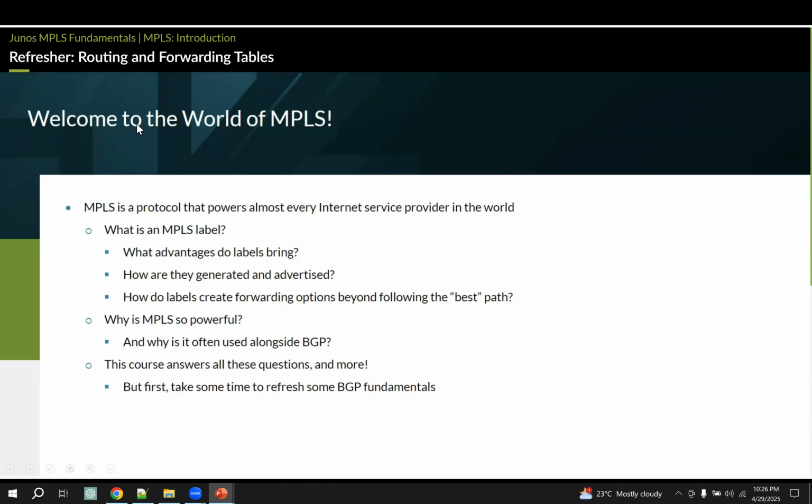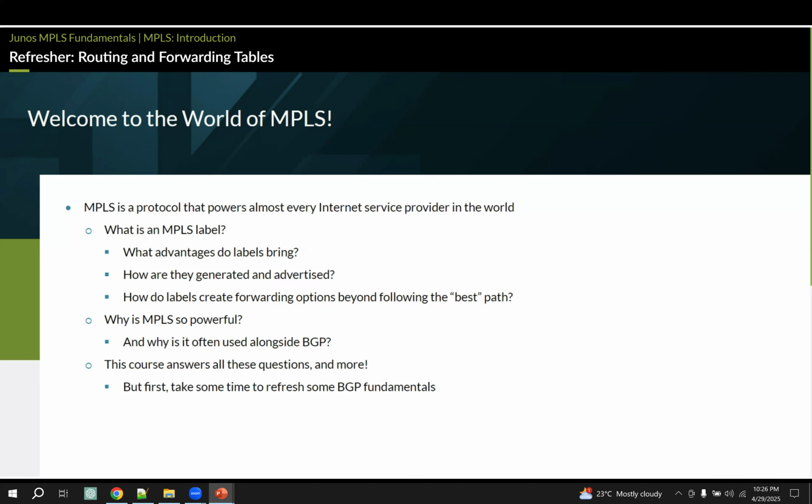Okay, so welcome to the world of MPLS. MPLS is a protocol that powers almost every internet service provider in the world. So this technology has some power. This technology has solutions you can use that can enhance your network, and that can be a financial benefit.